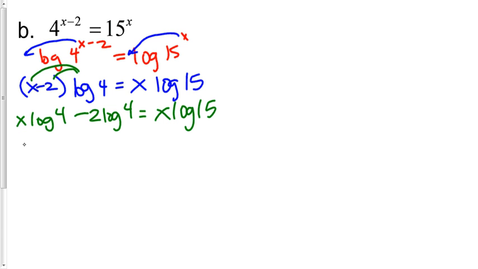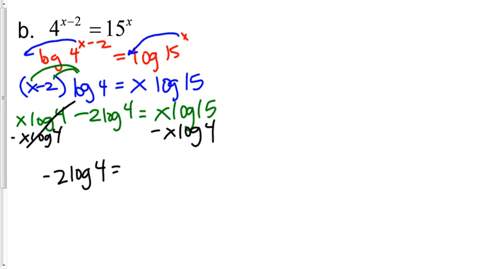I need to get x together on the same side of my equal sign. So I'm going to subtract x log 4 on each side. Those cancel out on this side. Now I have negative 2 log 4 equals x log 15 minus x log 4.